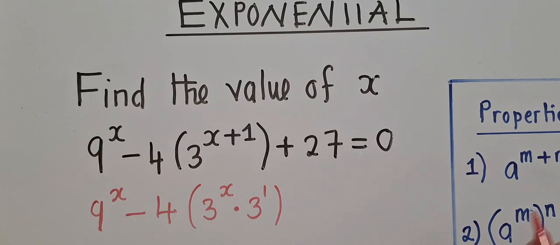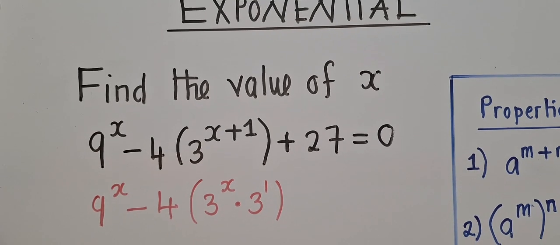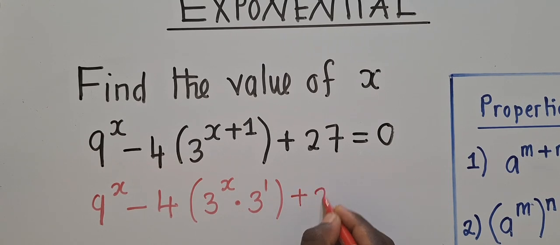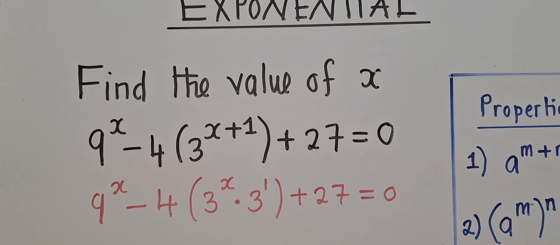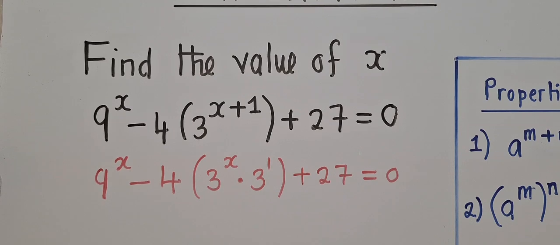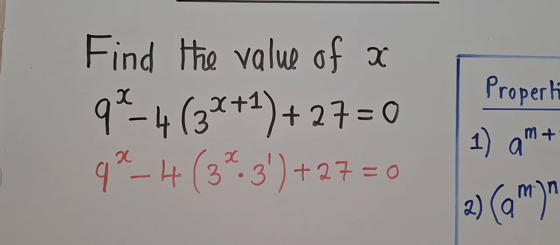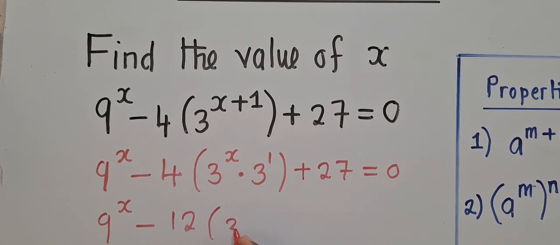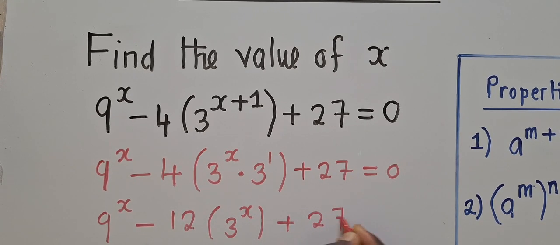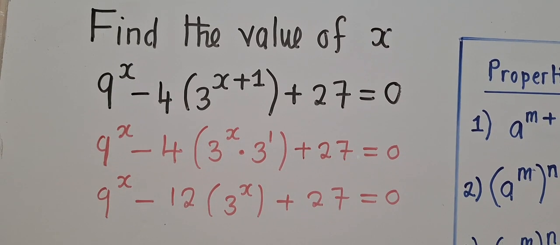So we shall maintain this side, 27 is equal to 0. So from this point, we can of course simplify. We shall have 9 power x minus 12 multiplied by 3 power x plus 27 is equal to 0.